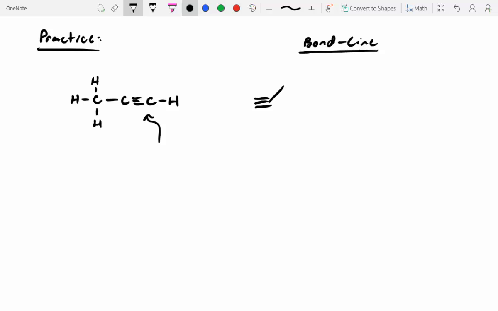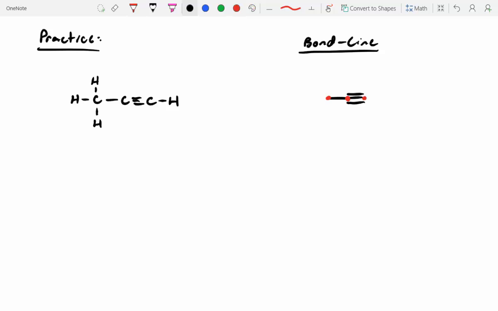It should be 180 degrees. We said we want to use approximate angles. So when we do this, let's try to have our triple bond and then our carbon coming straight off of it. Remember that this red dot is a carbon because that's where the triple bond stops. We've got a carbon right there and we've got a carbon right there. So even though it's not a true bend in that zigzag, it's an assumed carbon right there.